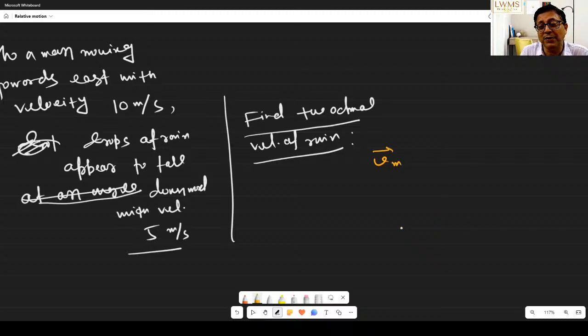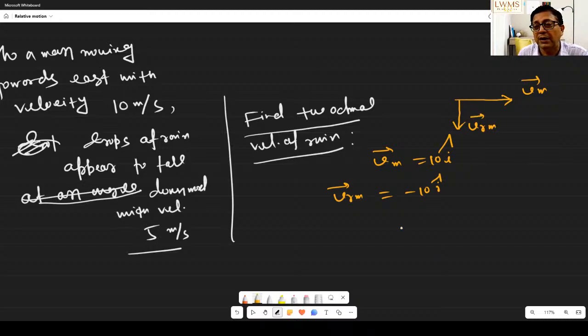VM. VM is what? Man going towards east with 10 meter per second. So this is 10I. This is VM, and they said the rain is going vertically downward. So VRM is minus 5J. Sorry, this is not 10.